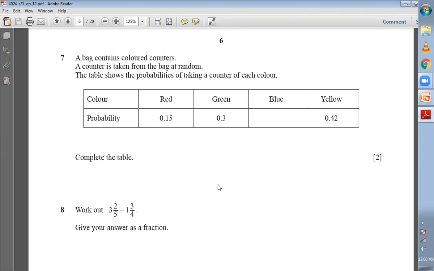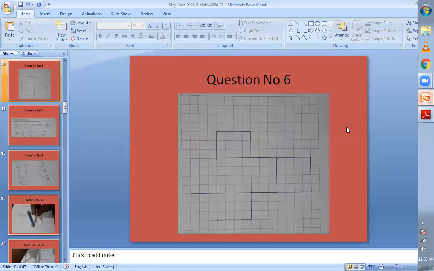Because the total probability of an experiment is 1, from 1 subtract the probability of red, green and yellow, and you will get the probability of blue. So 1 minus 0.15 minus 0.3 minus 0.42. This is how you will do question number 7.